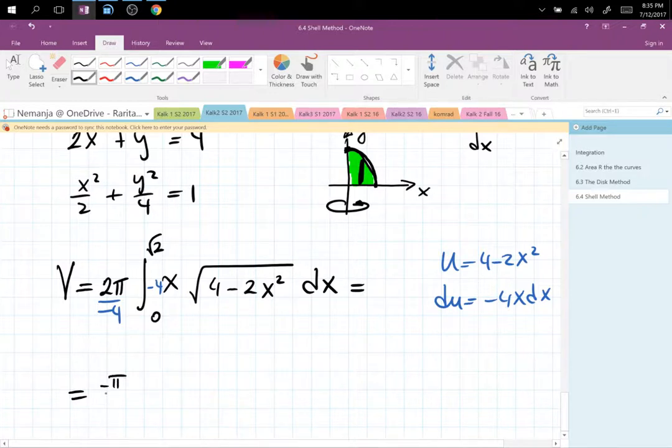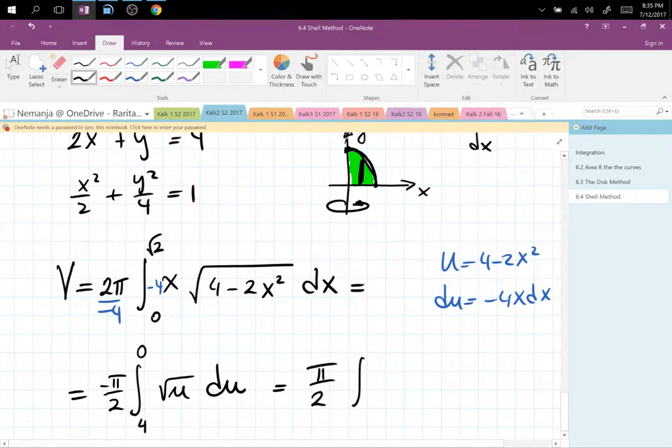So negative pi over 2 integral of square root of u du, and we have to change the limits now. When you plug in 0, you get 4, and when you plug in root 2, you get 0, which is awesome because when you flip them, you lose the negative on pi over 2. Nice. See?